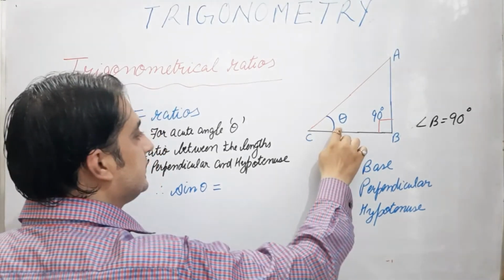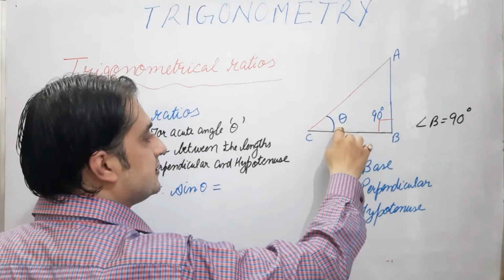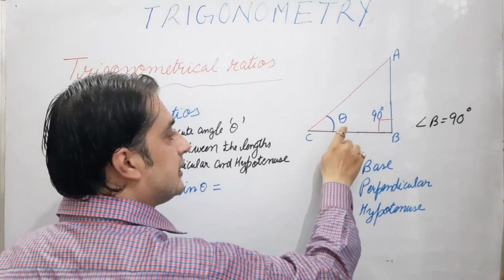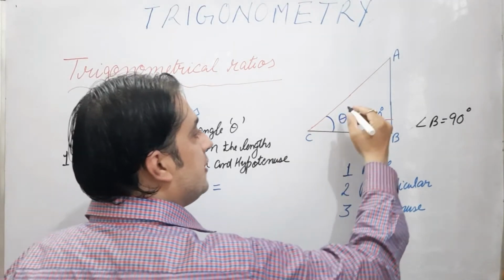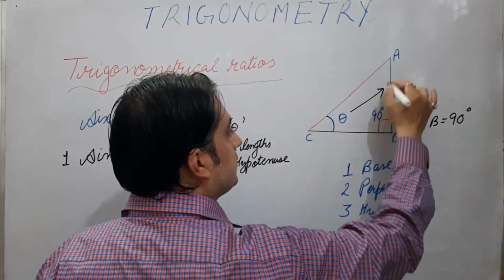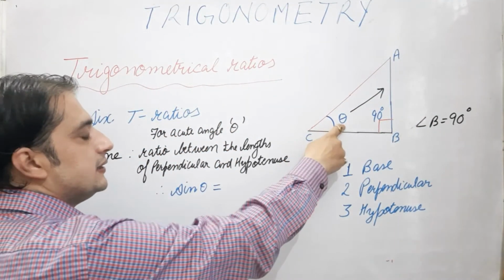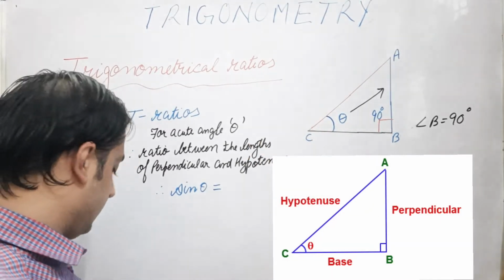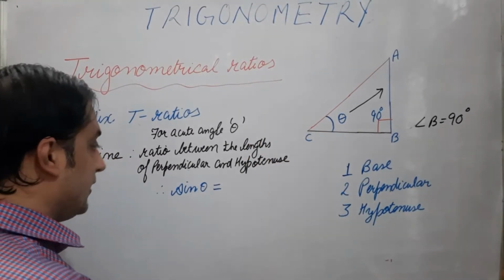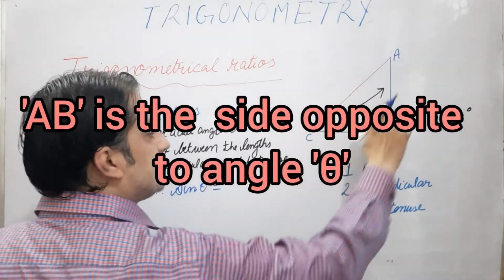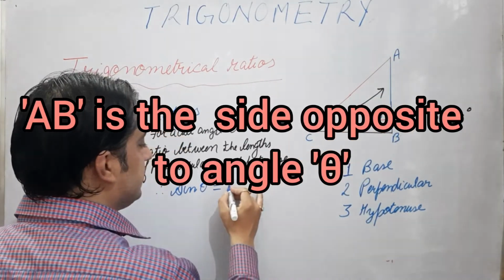So see this angle theta, angle of reference. For this angle theta, the side opposite is always perpendicular in a right angle triangle. So for this angle theta, what is the perpendicular? The side opposite to angle theta, that is AB.